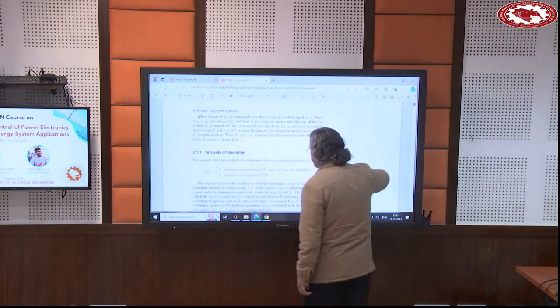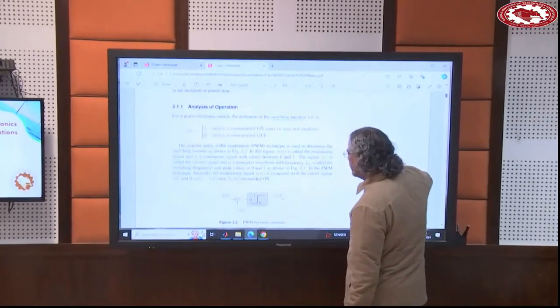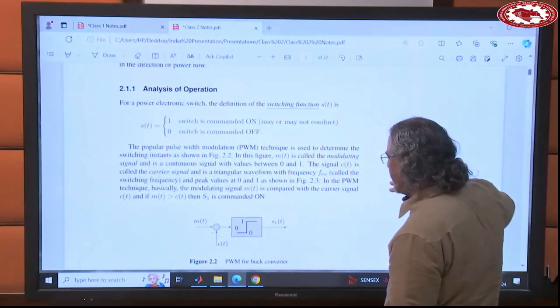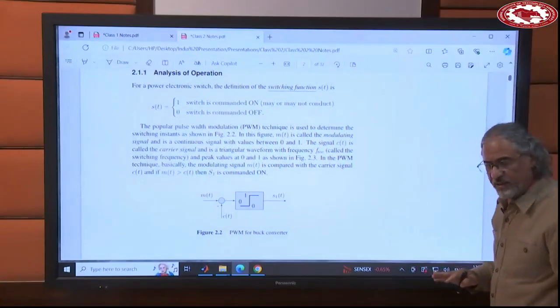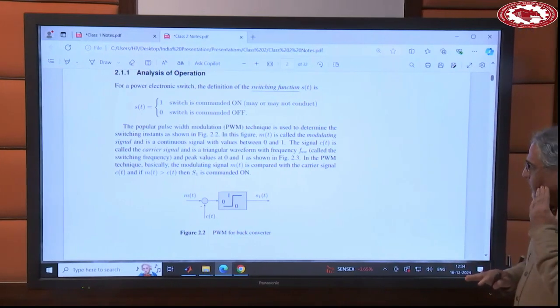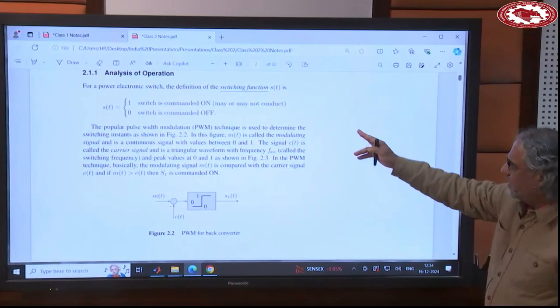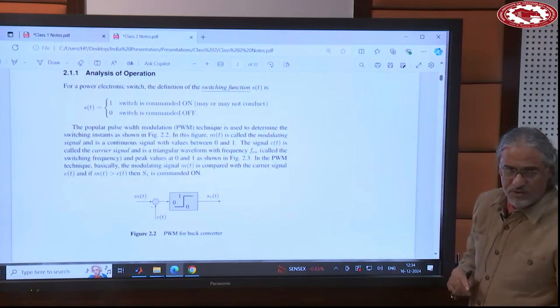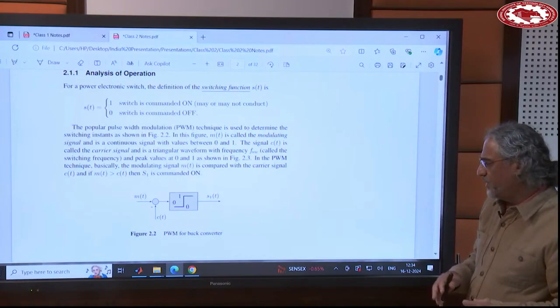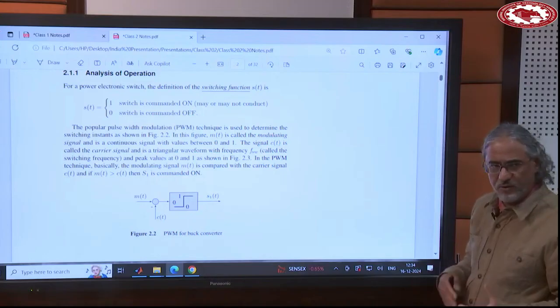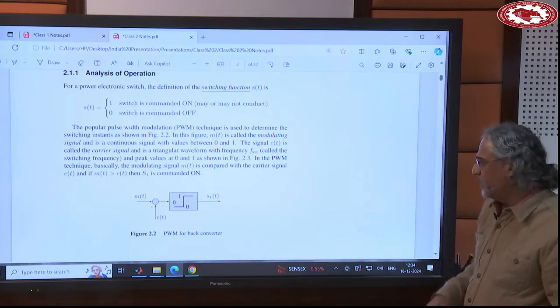Okay, now I'm going to talk about pulse width modulation. Again, I'm sure most of you know that, but pulse width modulation is one technique to generate this switching function in practice. Because in engineering, we always want to find techniques and ways to generate things or to operate things in the best way.